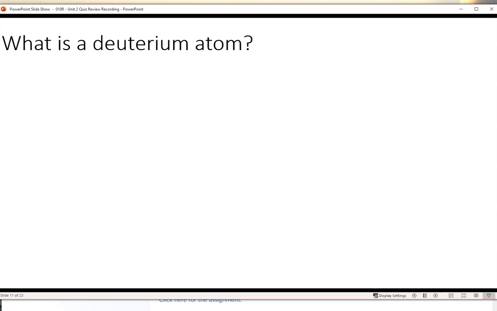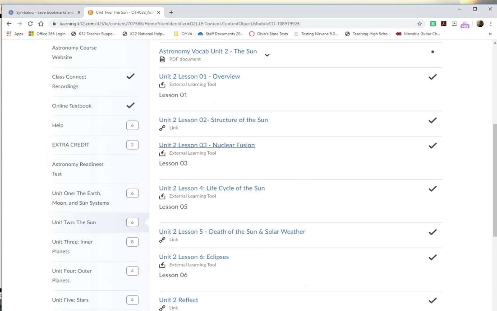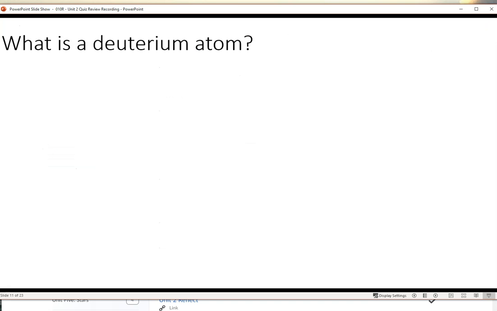What is a deuterium atom? Now, deuterium is an isotope of hydrogen. And if you want to learn about that, go into nuclear fusion here, lesson 3. And you'll learn what the deuterium atom is and what particles make it up, what's in the nucleus, and so on.